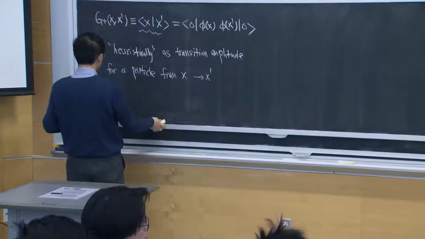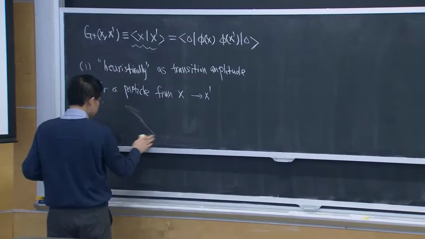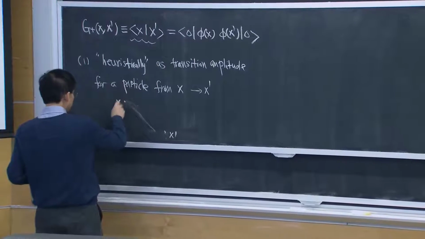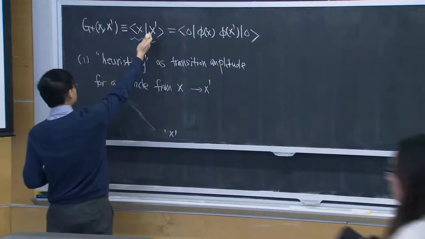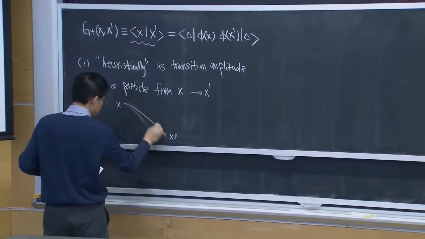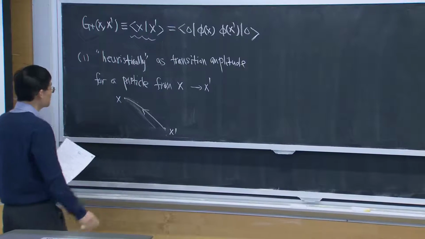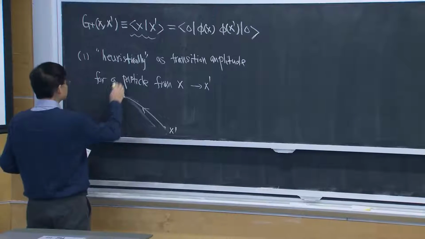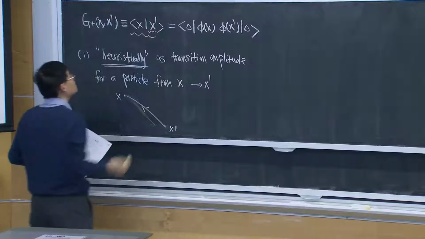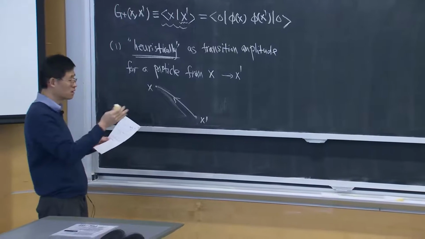Okay, so heuristically, you can think of it, say, if you have a space-time point x prime, have another point x, and then you ask what's the transition amplitude from x prime to x. Okay, so one way to interpret this object is that. And as I emphasize, this is only heuristic, because this does not really describe a generally localized state. It's only an approximately localized state. Okay.